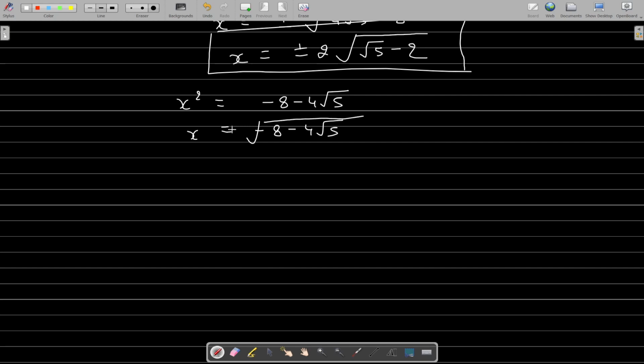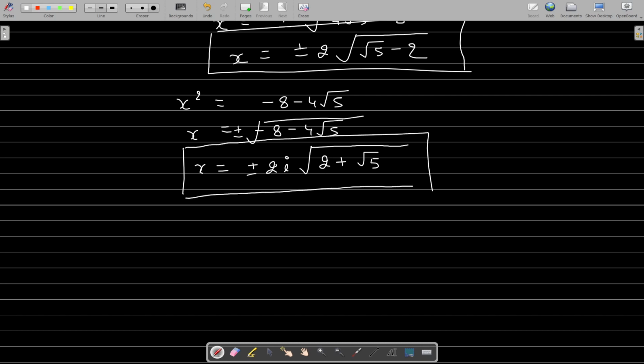So square root of this plus minus, which means x is equal to plus minus 2 iota, and I'll be left with 2 plus root 5. This is the second pair of solutions. So that's it. That solves the problem. These are the two pairs of roots for this equation.